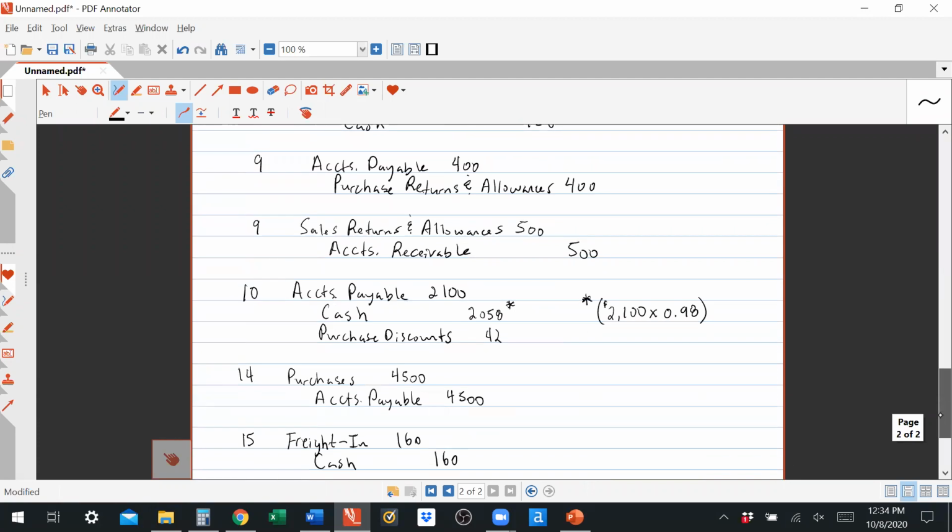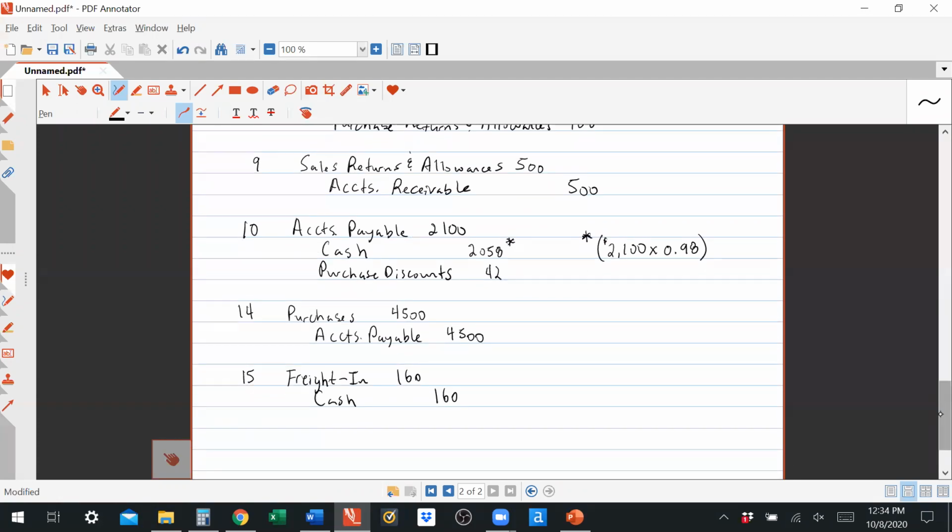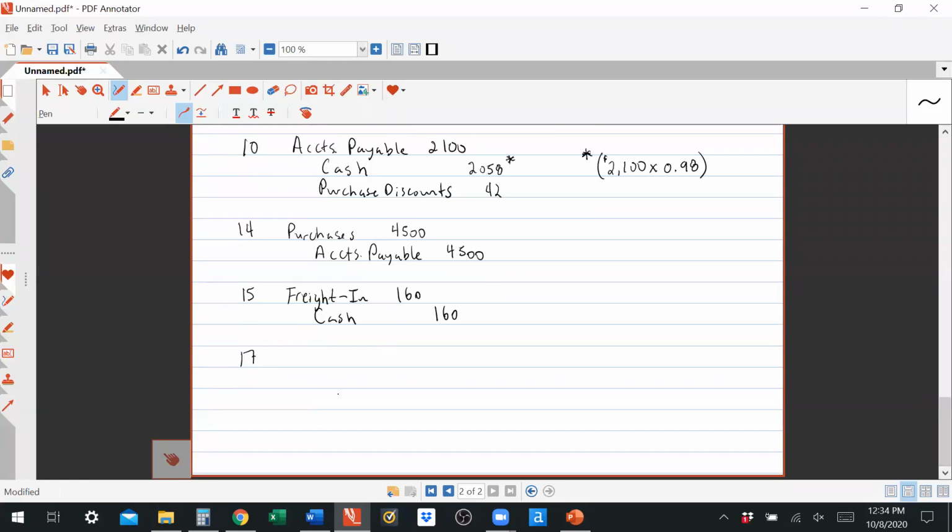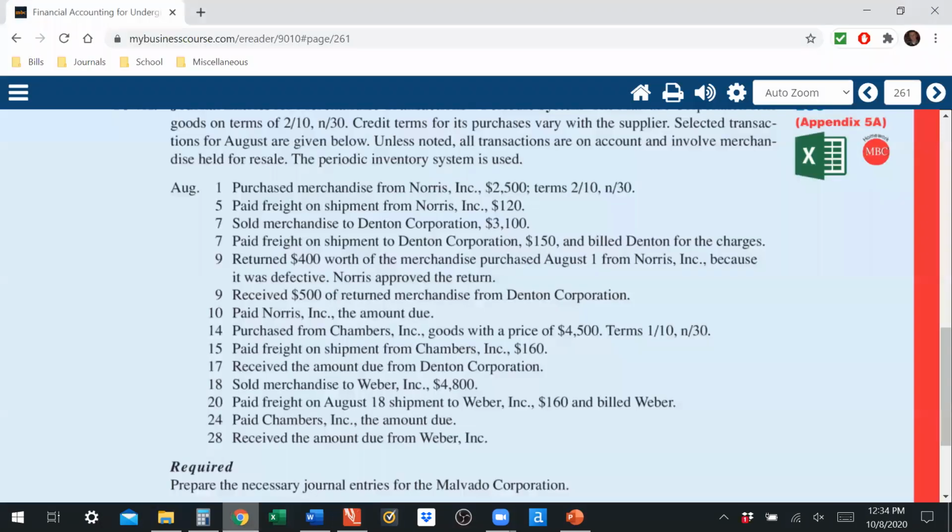So we just received that from Denton. We've just received the payment on that account receivable from Denton. So we know we're going to credit accounts receivable for 2,750. And we know we're going to debit cash for the amount that we received from Denton.